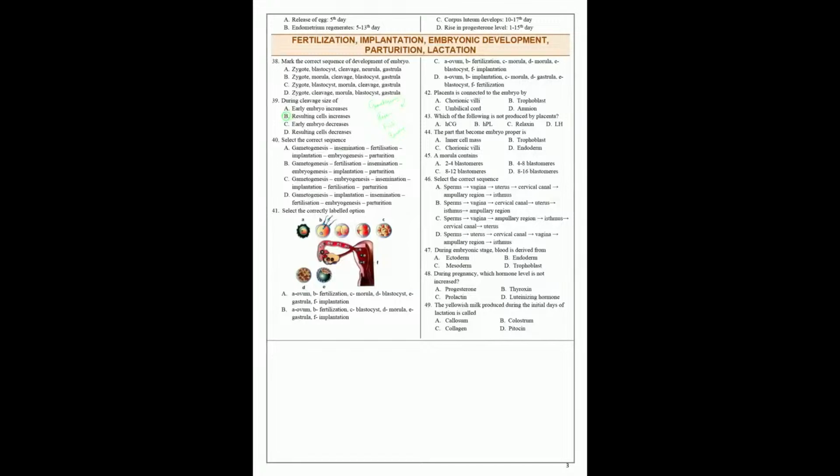Then implantation, after which the proper embryo forms. Then parturition. So the correct answer is A: gametogenesis, insemination, fertilization, implantation, embryogenesis, parturition. After that, lactation will take place.